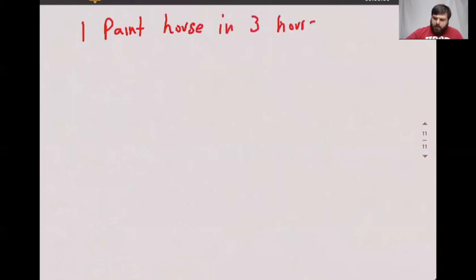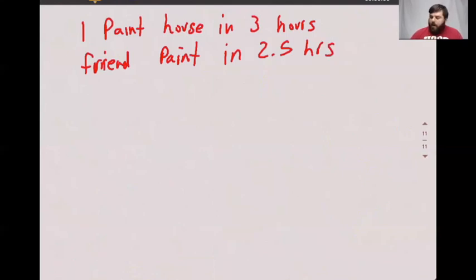All right, so let's look at an example. All right, I paint a house in 3 hours. All right, my friend paints a house in 2.5 hours. So you paint the same size house. I do it in 3 hours. My friend can paint it in 2.5 hours.